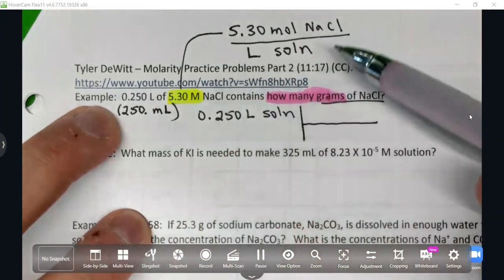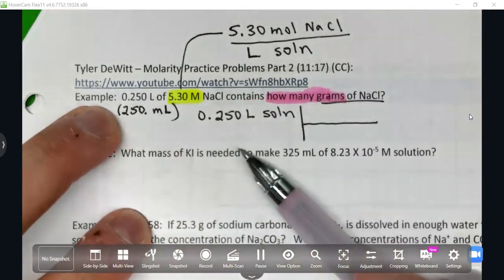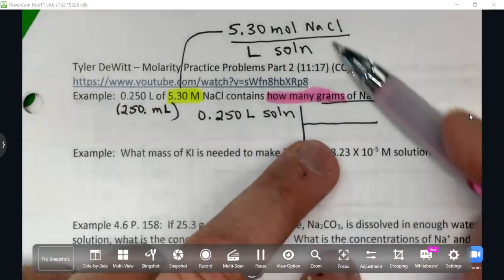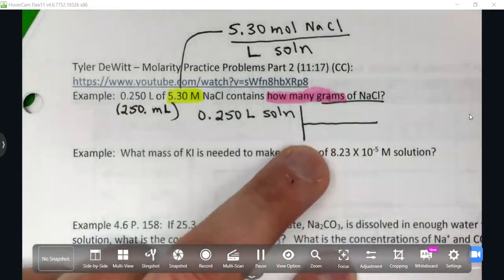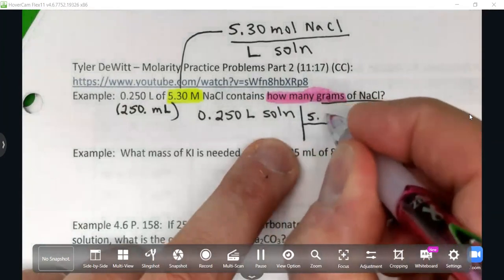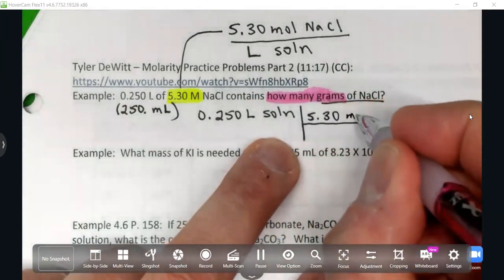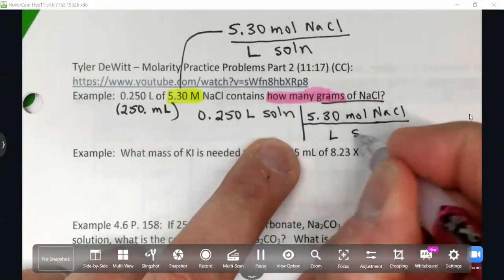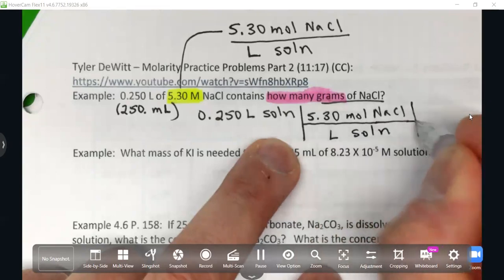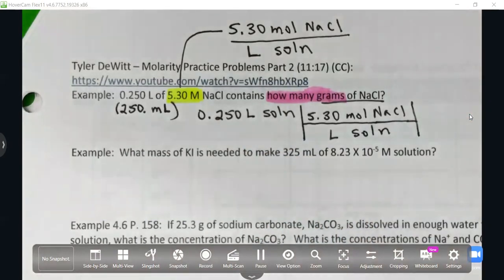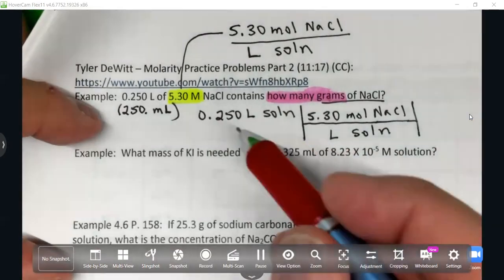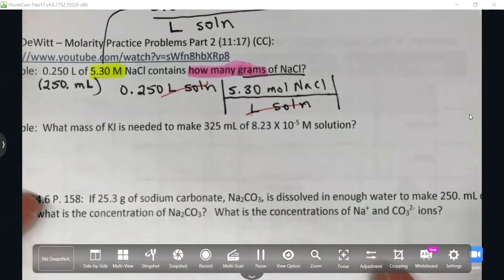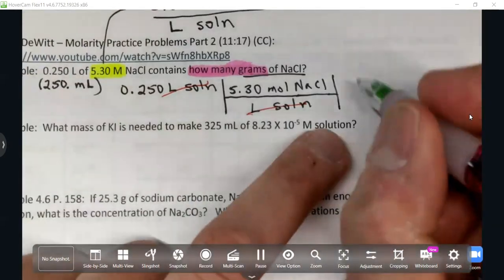Then, can I bring in my double unit number as is so that liters of solution cancel out? And I can. I'm going to just bring this in just the way it is. So I've got 5.30 mole of NaCl per liter of solution. And my liters of solution, of course, cancels out. And if I'm looking for grams, we're going to convert moles to grams.